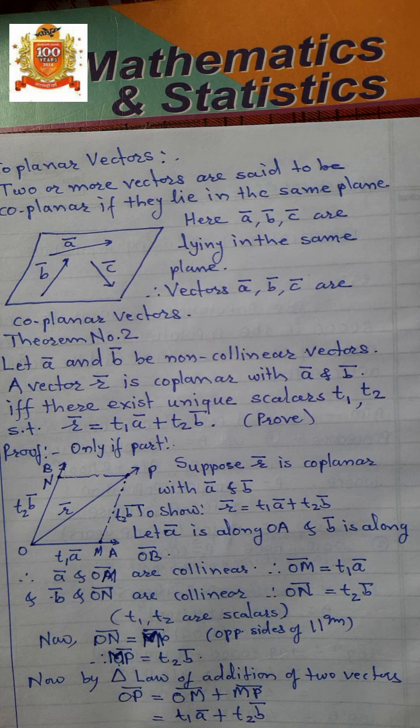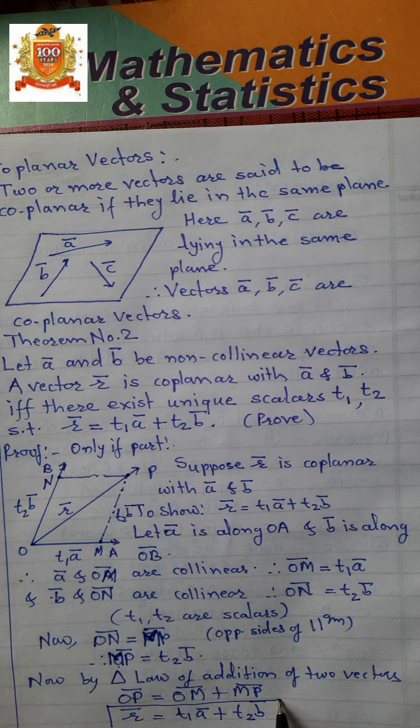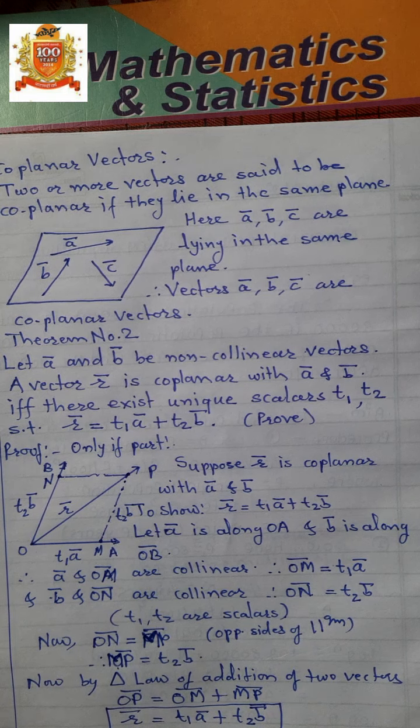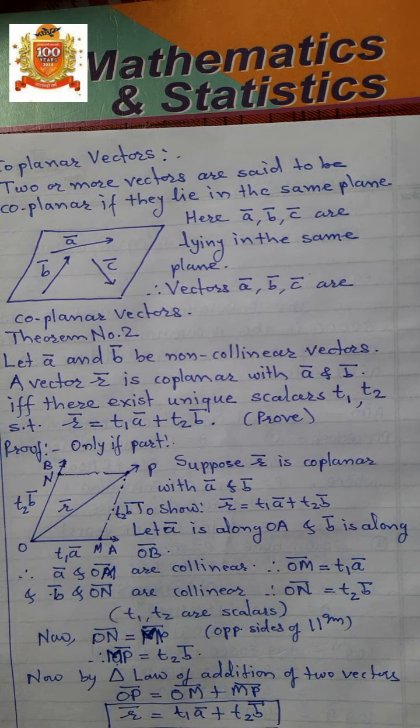Now, OP bar we denoted as R bar. Therefore, R bar is equal to T1 A bar plus T2 B bar. In this way, we proved this part.